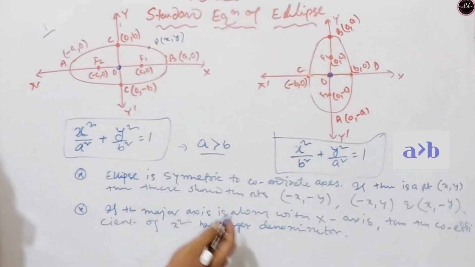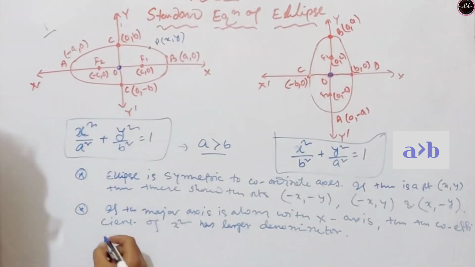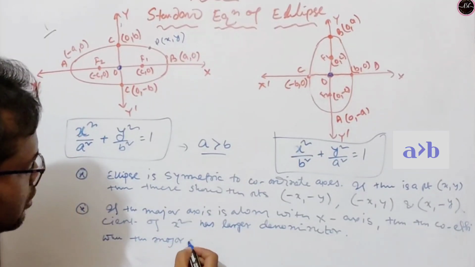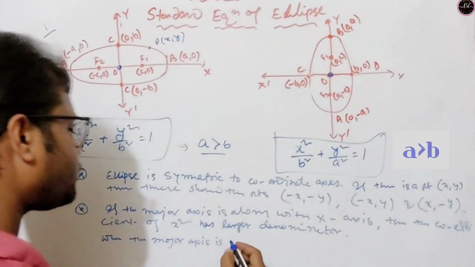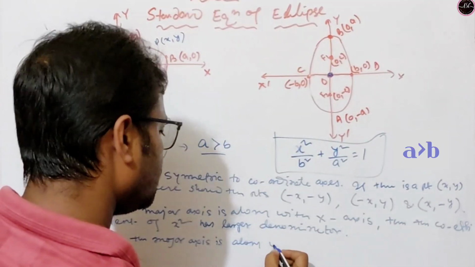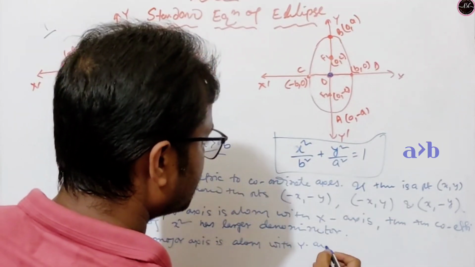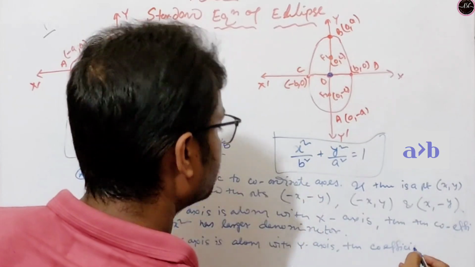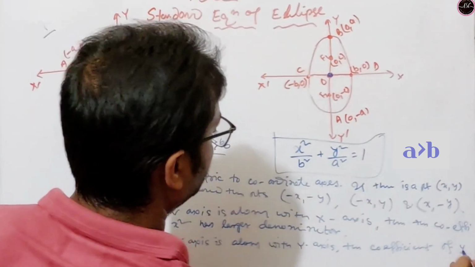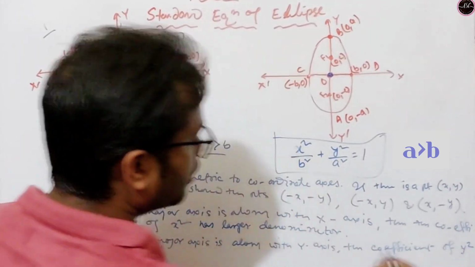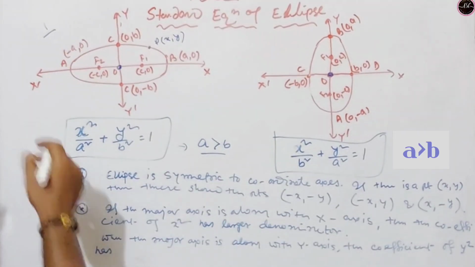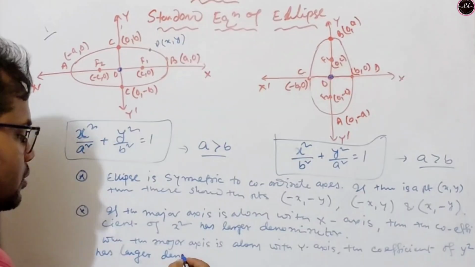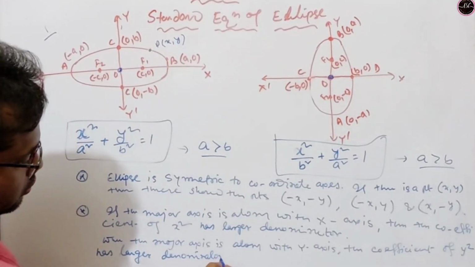Okay, similarly, when the major axis is along the y axis, then the coefficient of y square has the larger denominator. Okay.